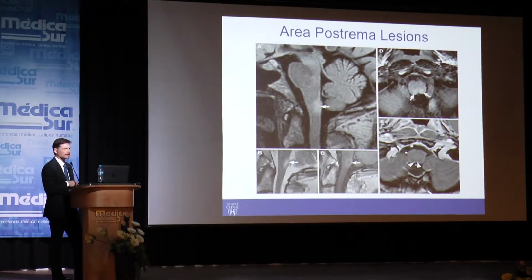These lesions are often very transient, and it really is up to chance sometimes as to whether or not you can capture it, even when the patient is symptomatic. Here are some examples of lesions that were actually associated with gadolinium enhancement, and this is what it looks like in axial sections here.